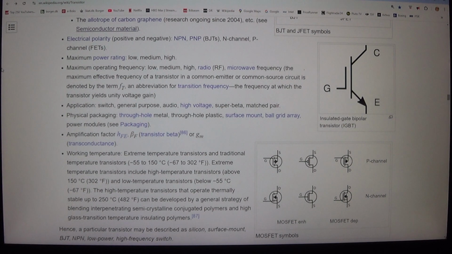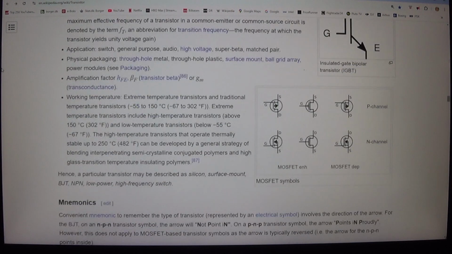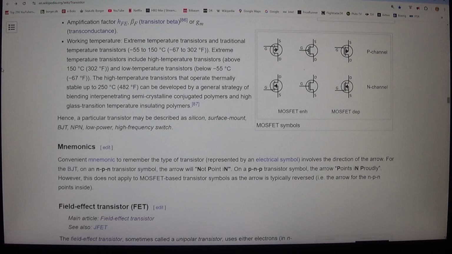7. Physical packaging: through-hole metal, through-hole plastic, surface mount, ball grid array, power modules. See packaging. 8. Amplification factor hFE, βF, transistor beta, or gm, transconductance. 9.